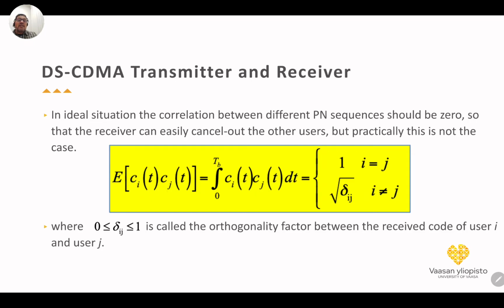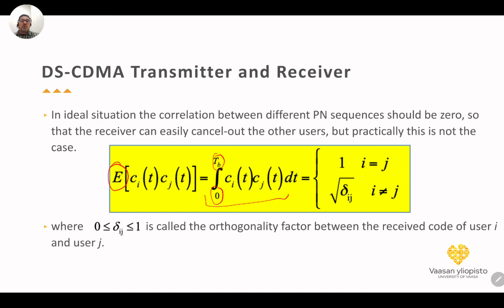If they are orthogonal, it means that the expected value of Ci times Cj, which is simply the integration in time over one information bit of Ci times Cj, should be 0 when i does not equal j, meaning they are different codes. But again, they cannot be orthogonal due to the multipaths. Of course, we would like them to be orthogonal, but they will not be.